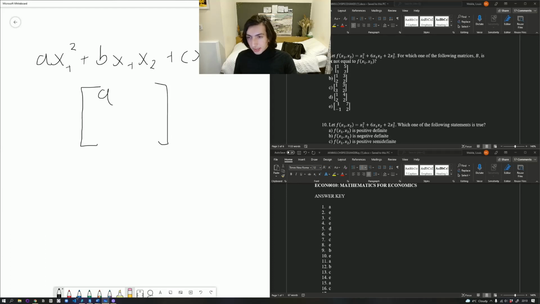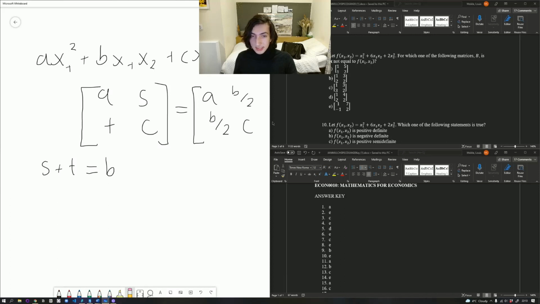You've got a and c on the diagonal, and then you've got s and t, where s and t are two values that add up to b. If you want them equal, you can literally just write it like this. But that may not always be the case, and in this case, it's explicitly asking for a different thing. So we're going to do something like this.